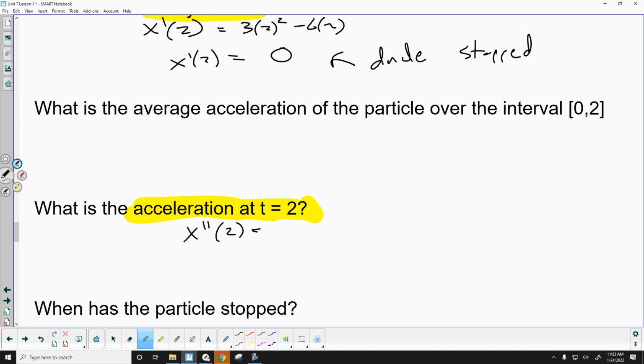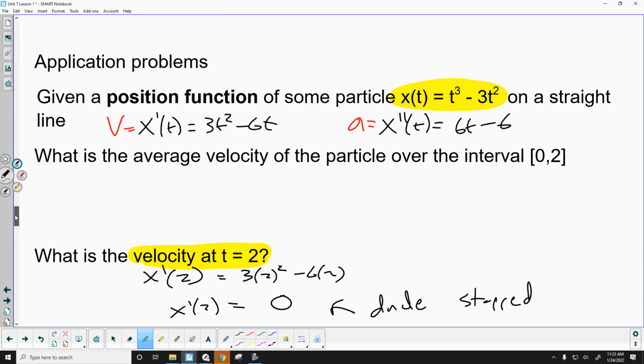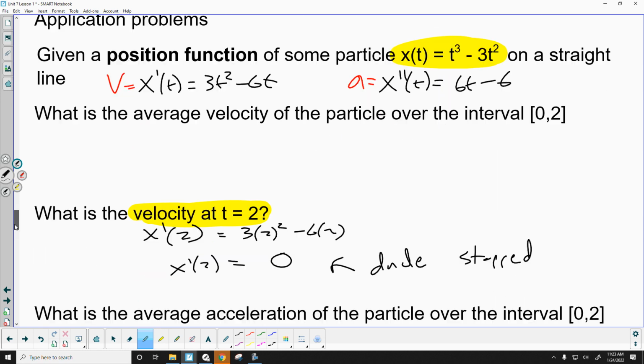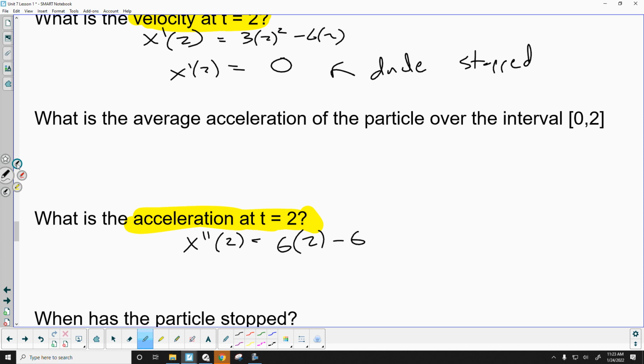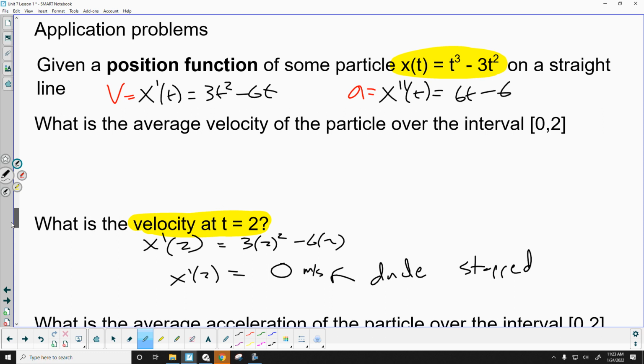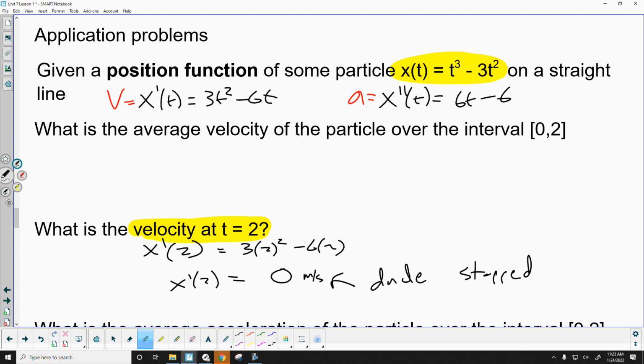Perfect. 6 times 2 minus 6. X double prime is 12 minus 6. We have that. 6. Now, meters per second, I don't know. I didn't even tell you what it's in. So don't worry about units so much.